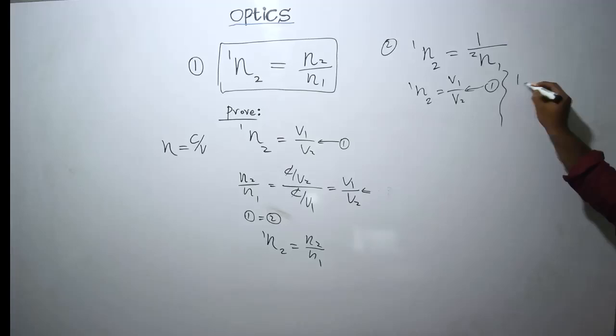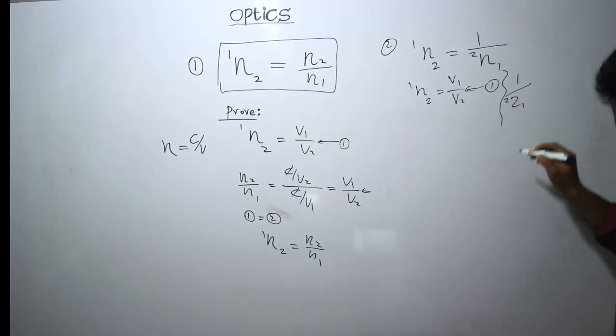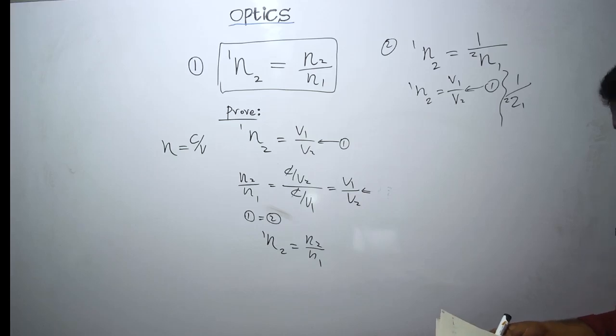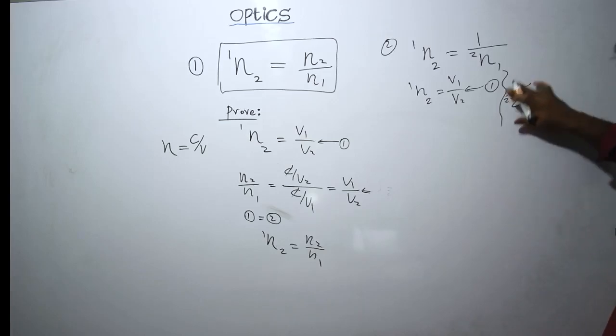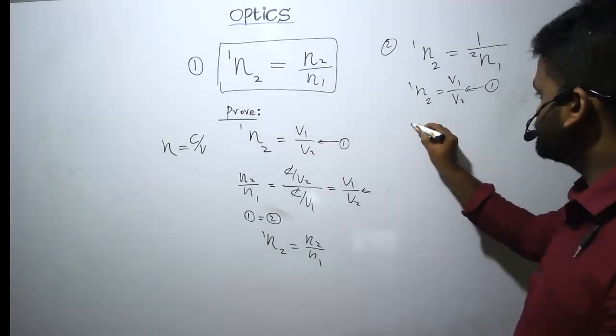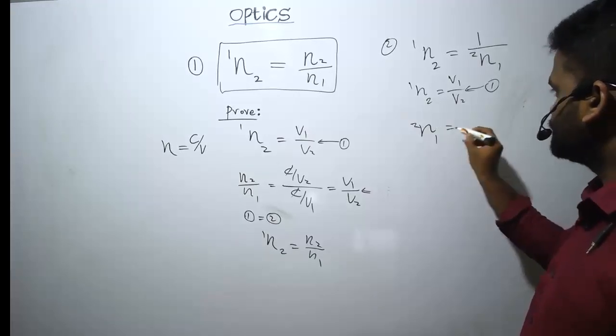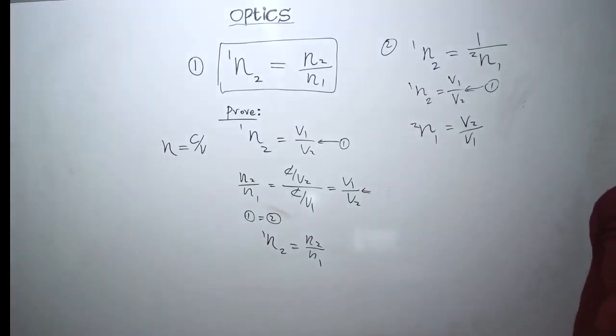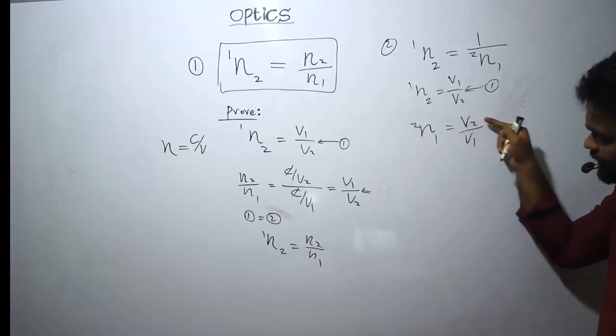Then the second one, I'll simplify this one. I'll write N21. N21 is what? V2 divided by V1, right? If it is 2,1, it should be V2 divided by V1.